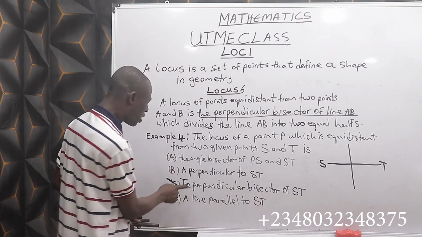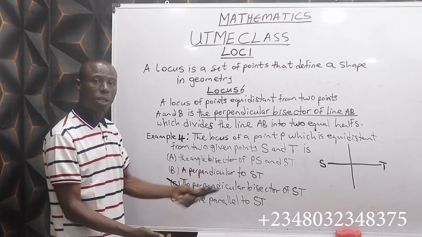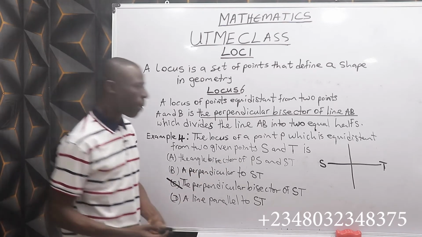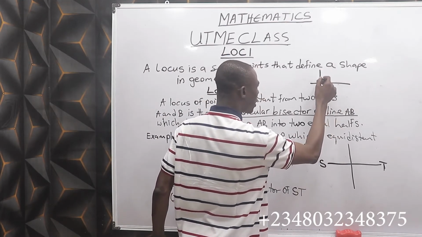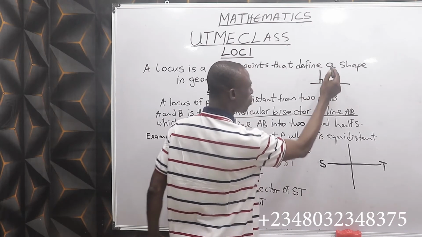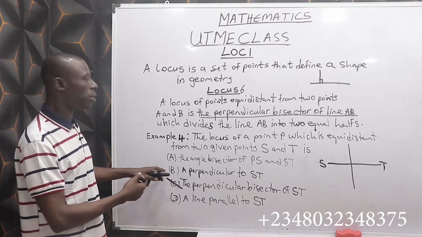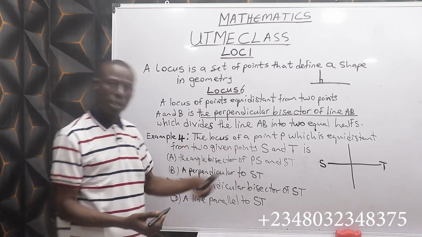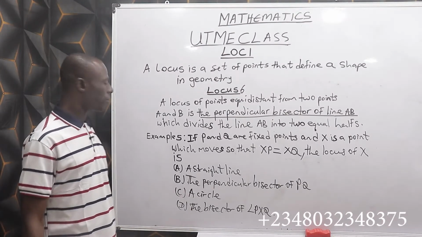But if it is not a bisector, it could be perpendicular to it without being a bisector, like a line like this. This line may be perpendicular to this, but it is not divided into 2 equal halves. Do you get it? In that case, B will be a correct description, but C is the perfect answer in this case. Let's consider the next example, example 5.